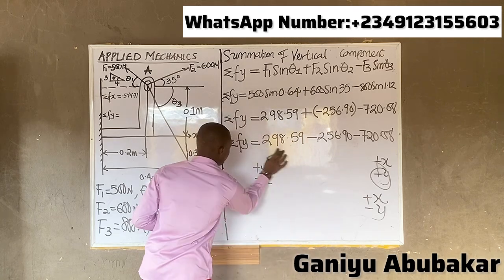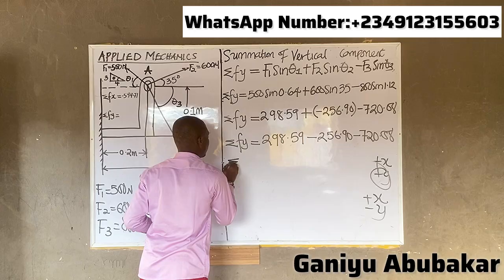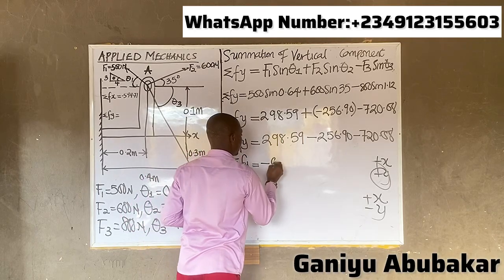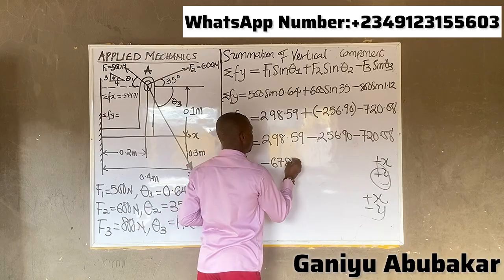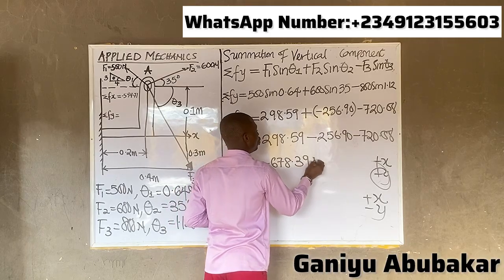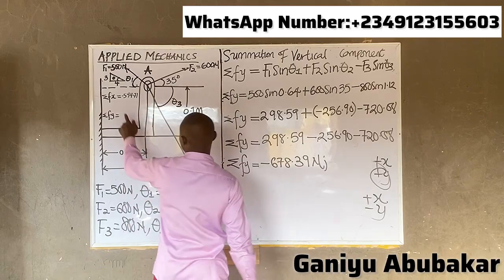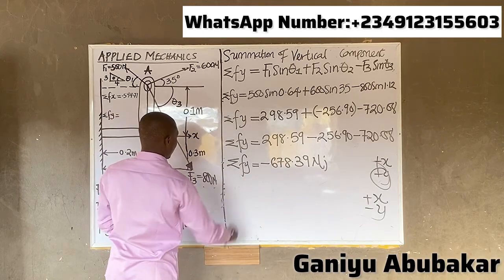So it means that my summation of F of y will be equal to negative 678.39 Newtons. So I've gotten the x component and the y component.